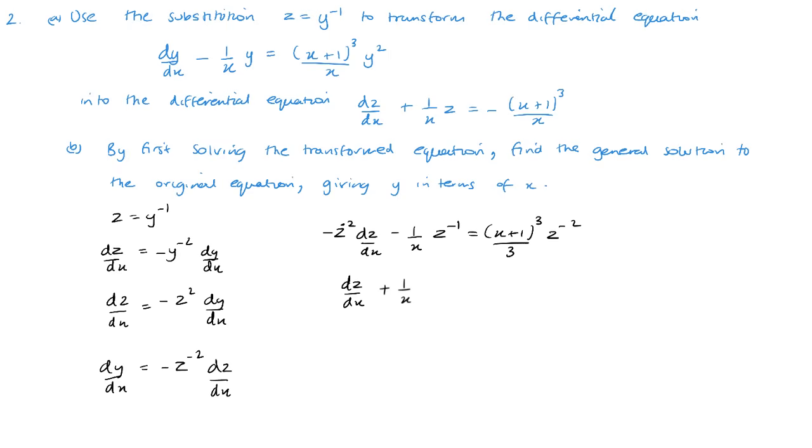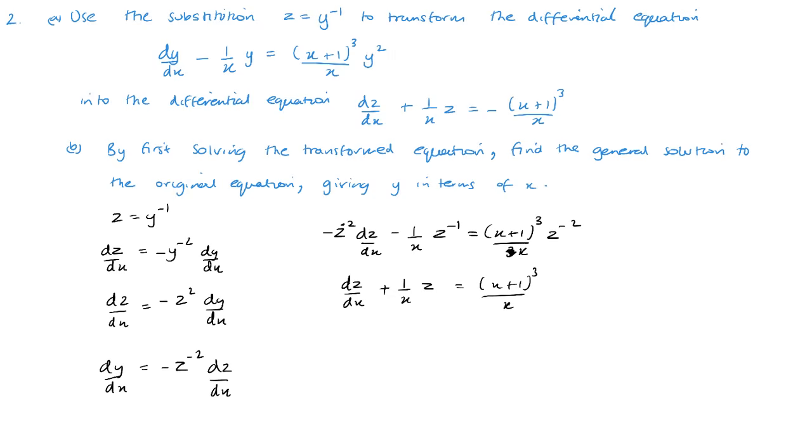The 1 over x is not changed, and then we're multiplying by z squared. So this will become z, and then x plus 1 cubed over, that's over x, not 3. And multiplying by z squared, this will disappear.